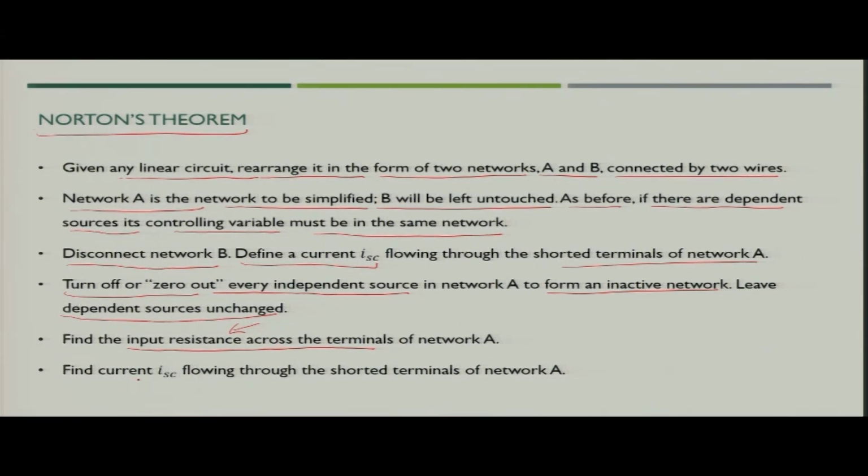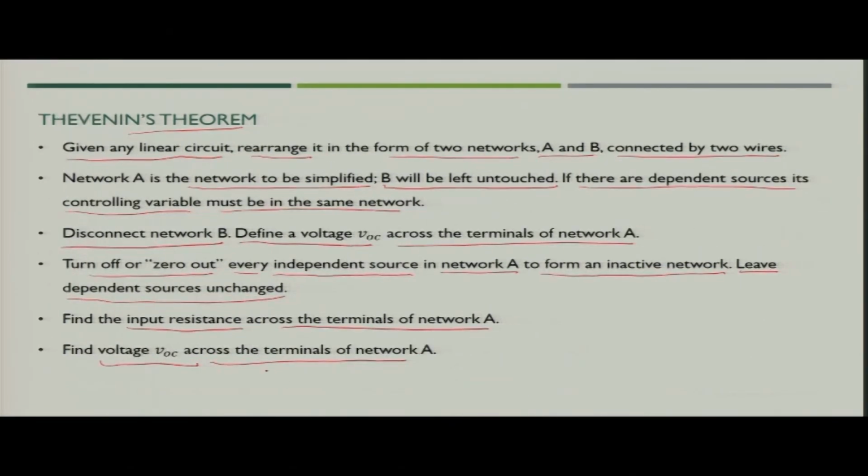The only change is the short circuit current, which we need to find out in case of Norton's equivalent, while in case of Thevenin we need to find out the open circuit voltage. So, here if you see the Thevenin equivalent, VOC is nothing but VTH in series with resistance RTH.